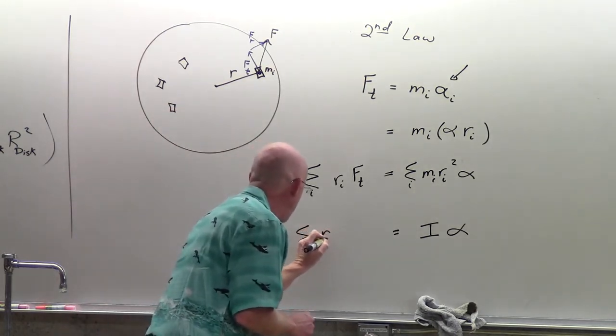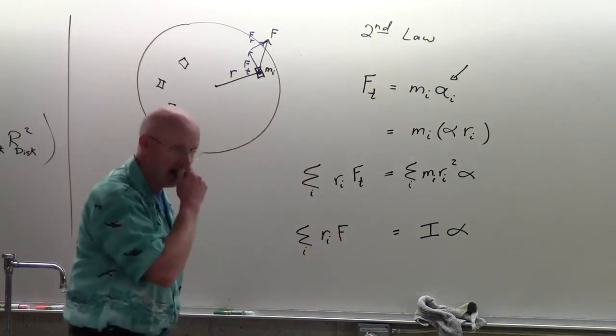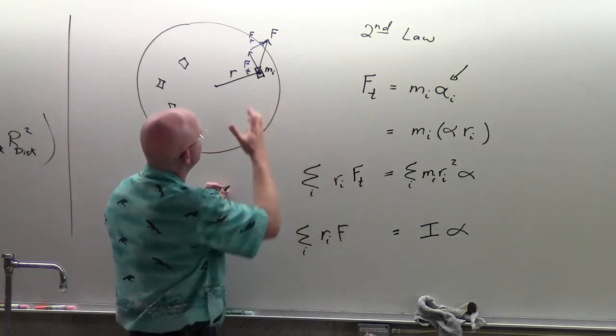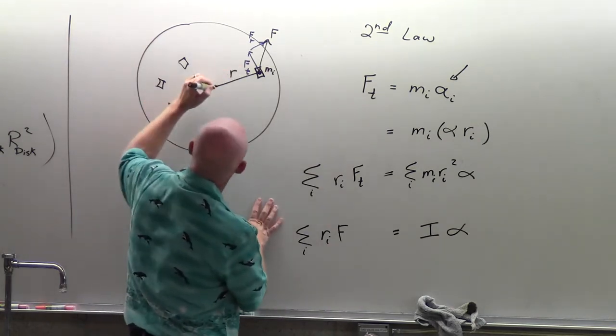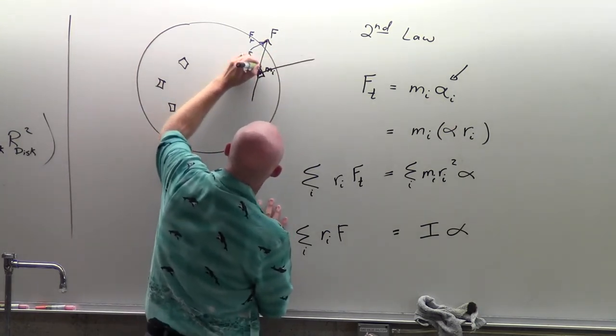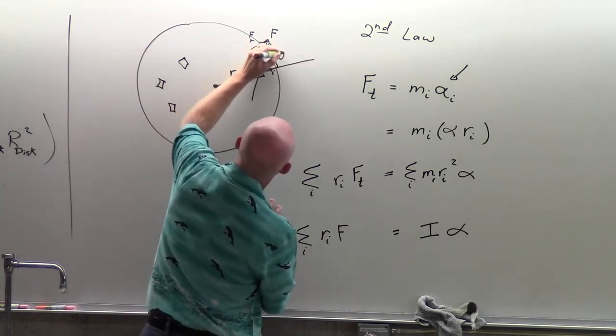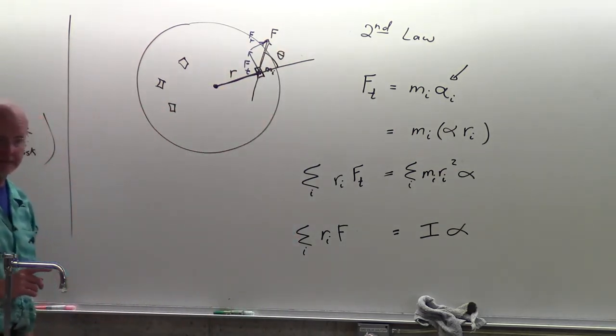Here will be r_i. Here is F. Now remember, this was the amount of force that is tangential. So let's do this. If this is the radial direction, and this is the force, let's call the angle between them theta.